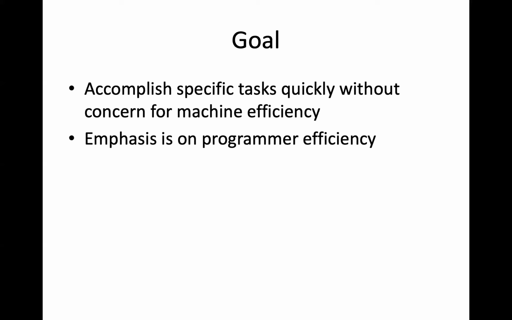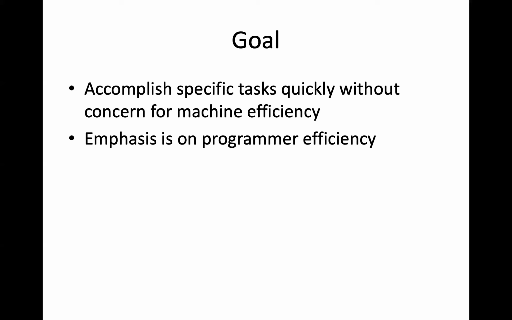Programmer efficiency is less important, and we're willing to devote hours of programmer time to try to make the program as efficient as possible. Or if we are distributing a program and it's going to be widely used millions of times, and maybe each time it runs it takes 2 or 3 seconds, again, we're willing to sacrifice programmer efficiency to make it efficient because of how many times it's going to be used and how much machine time in the aggregate it will take.